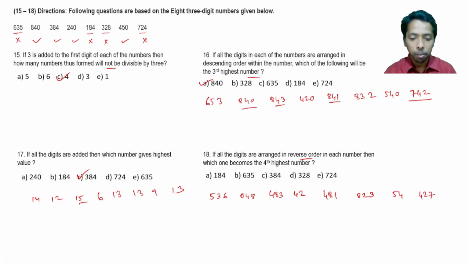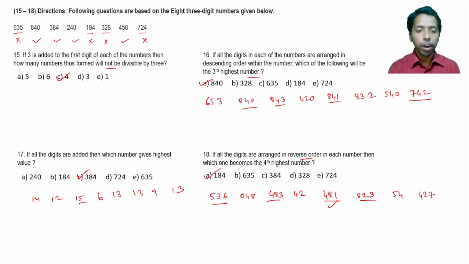Now fourth highest number, so first highest, this is 823, 536 second, this is third, and this is 4. So 481, what's the base number? 1, 2, 3, 4, 5. Fifth number, that is 184. Option A is the correct answer.